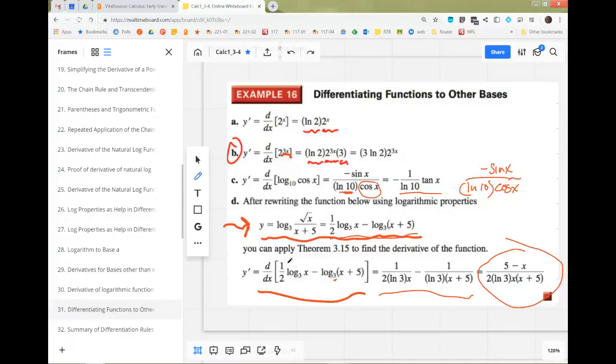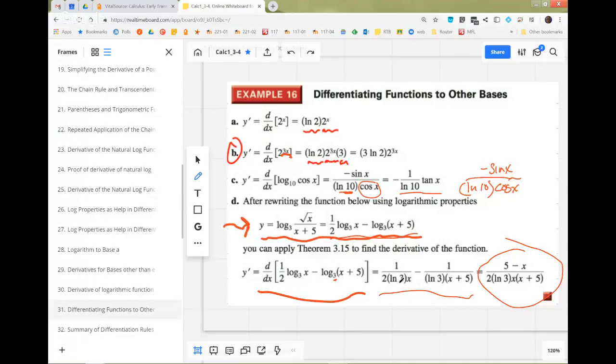But because it's a non-natural log, we also multiply by the natural log of 3, minus, and then the same thing. The derivative of the log of x plus 5 is 1 over x plus 5. Because it's log base 3, we also multiply by the natural log of 3.